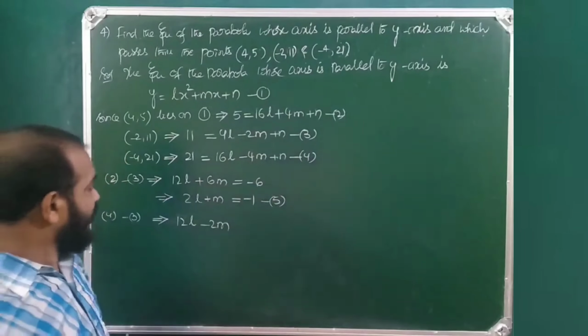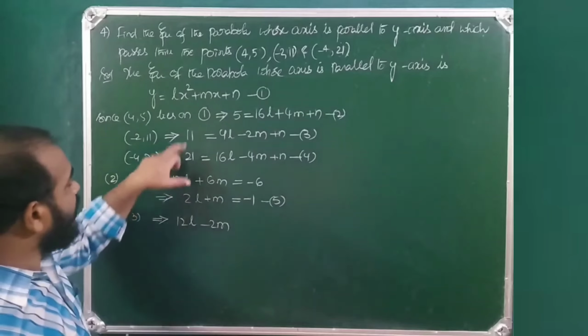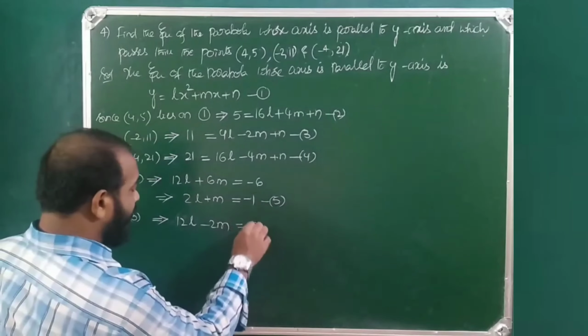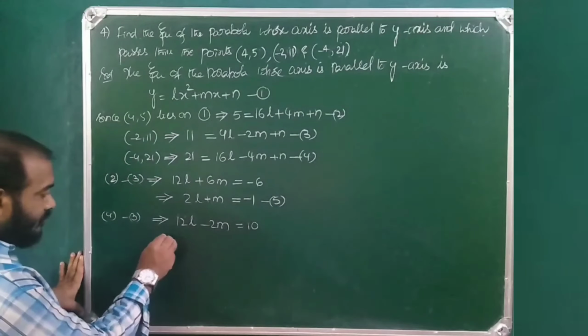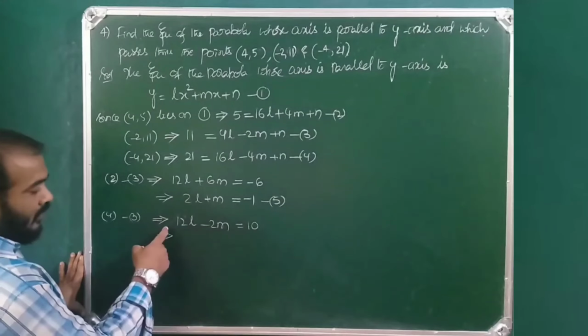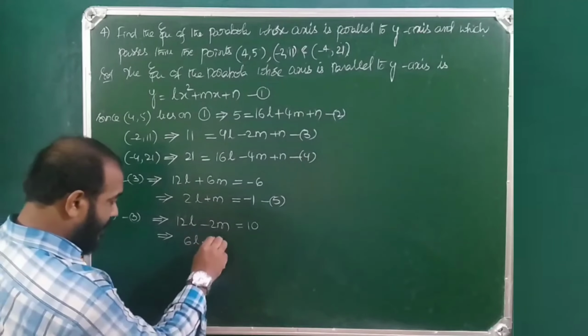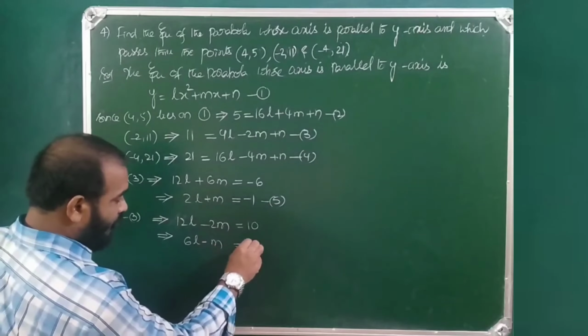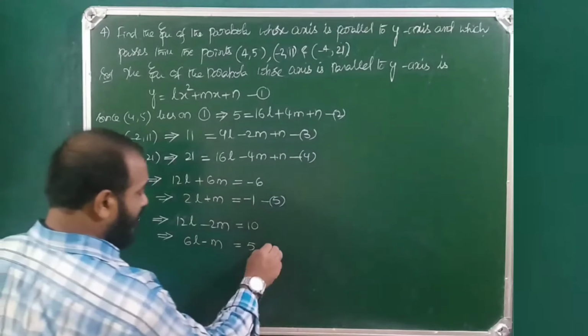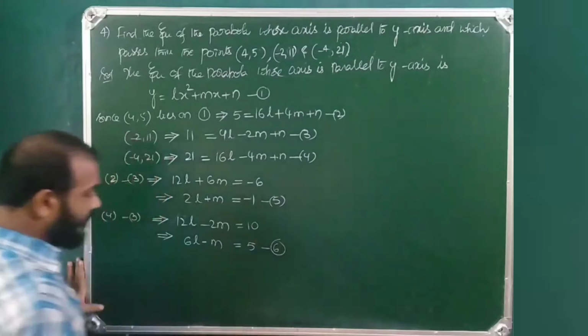Plus n minus n gets cancelled. 21 minus 11 is equal to 10. So if you take 2 as a common factor here, 6L minus M is equal to 5. This is our sixth equation.